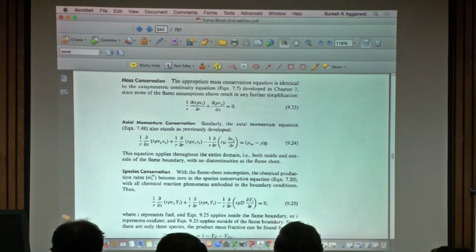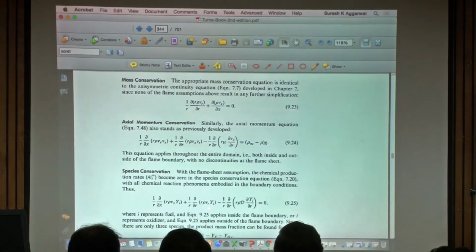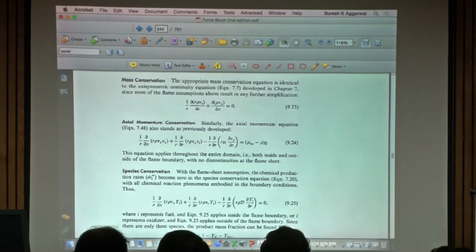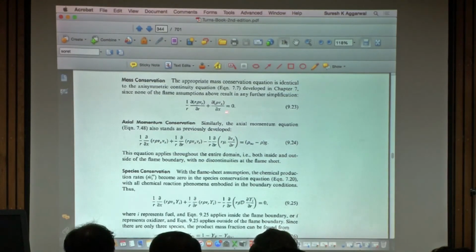If you have a reacting jet, of course, then you need equations for yf. So, in the book they have done, they use 3 species, fuel, okay, oxidizer, which is air, and the products. Okay. So, for non-reacting constant density jet, we just need this equation, and yf equation.